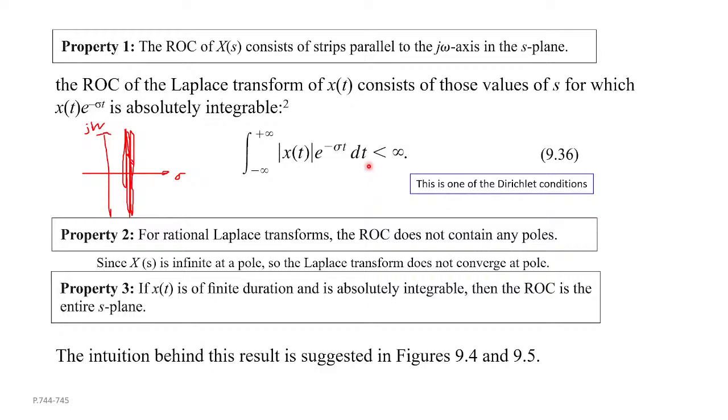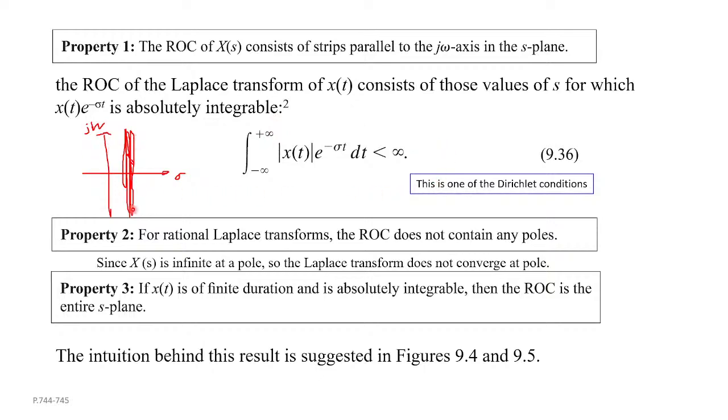It is convergent only if this thing is absolutely integrable. The integral from minus infinity to infinity of the absolute value of x, and e to the minus sigma t is already real positive, so we don't need to take its absolute value. So the integral of x times e to the minus sigma t dt needs to be a finite value.